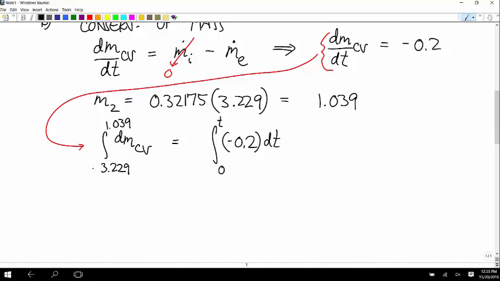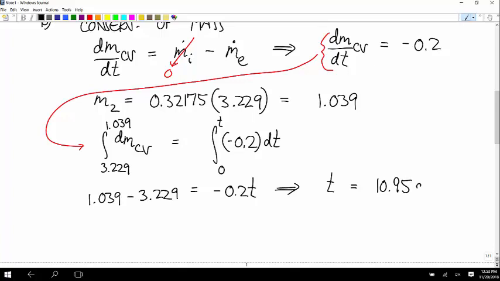And so 1.039 minus 3.229 is equal to negative 0.2 t. And so t is equal to 10.95 seconds.